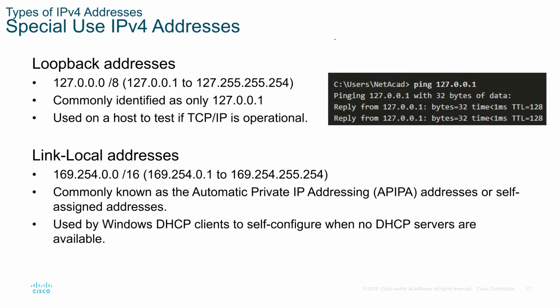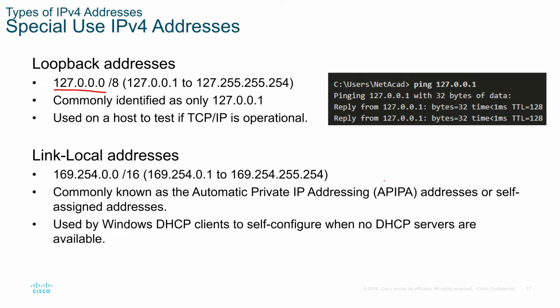To test this, we can ping the 127 network, such as 127.0.0.1. All of the 127s are loopback addresses. Normally, we only use 127.0.0.1.